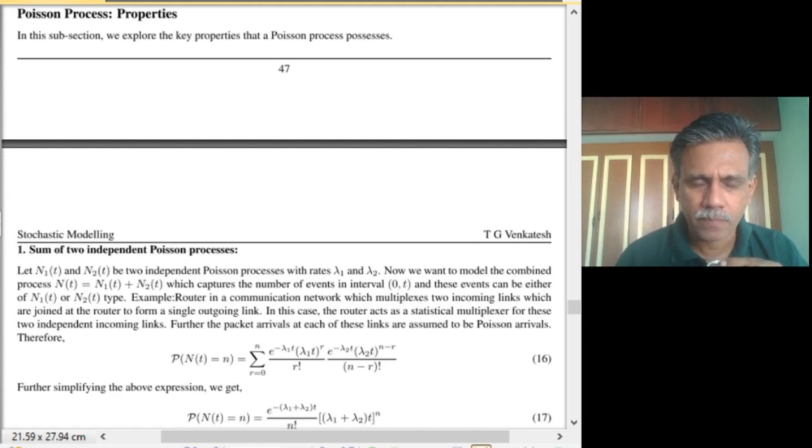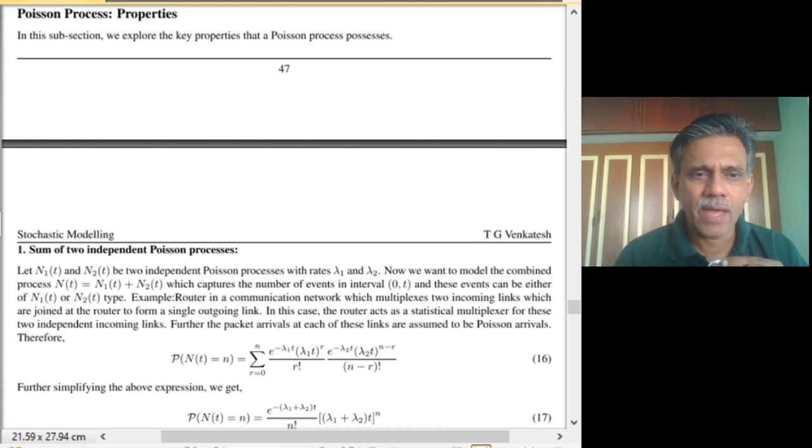And let's say these two events together are being counted, and then we have a counting process wherein the events corresponding to both these processes are counted together.